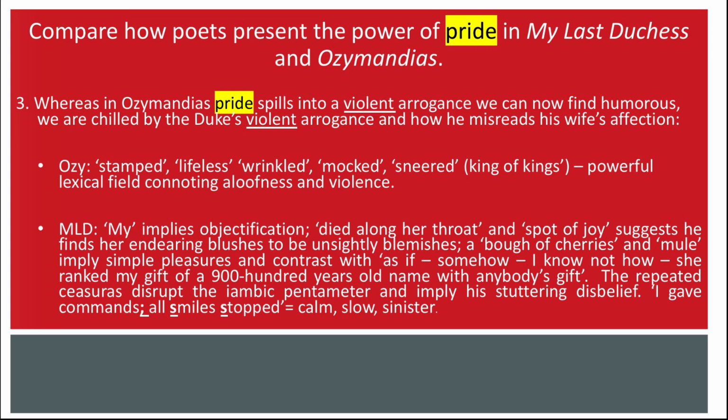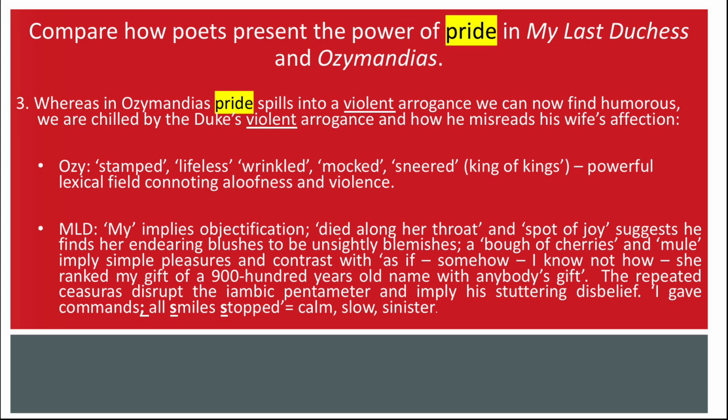So where am I going with all of this? Well, my evidence examiner is that when we consider a lot of the language that is used in Ozymandias, the fact that we have the verb stamped, the fact that the things are lifeless, the fact that he has a wrinkled lip, I'm suggesting that might have something to do with violence. Generally speaking, it is a facial expression of aggression.